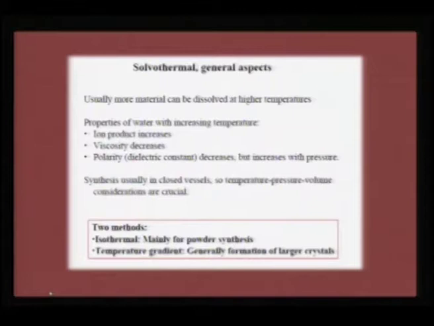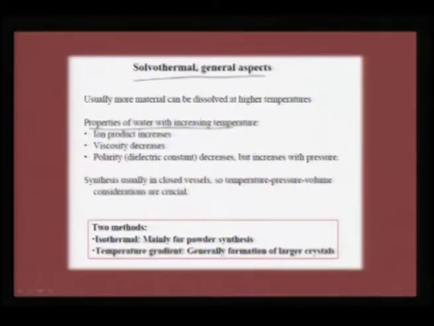When we think of solvothermal reactions, there are some general aspects we can keep in mind. Usually more material can be dissolved at high temperatures, therefore we slowly increase the temperature in the bomb, and the properties of the water also change along with the material that we are dissolving.